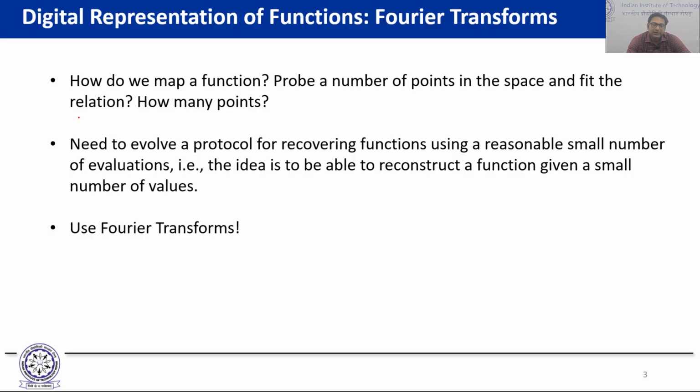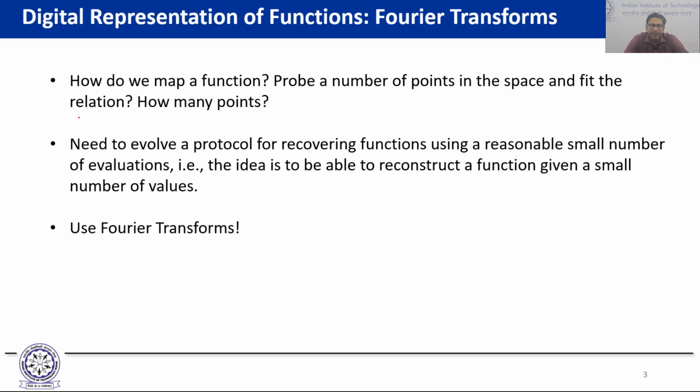Now, how do we digitally represent a microstructure function like this? Effectively, we need a digital representation because we will be doing some form of machine learning over here, right? So in order to do a digital representation of this microstructure function, we start leveraging the concept of Fourier transforms. So how do we actually map a function?